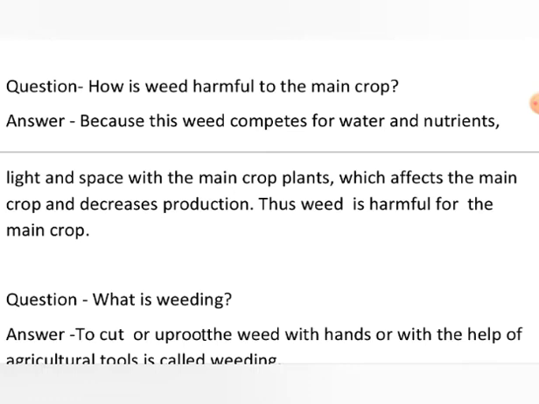But if the weeds grow in that particular space where the plant of the main crop is grown, then some of its water, some of its nutrients, and some of its space will be shared by the weed as well, and it will also share the light reaching that plant. So there will be a competition. The sharing of the nutrients and the solar energy will decrease the growth of the main crop. So weeds are harmful this way.